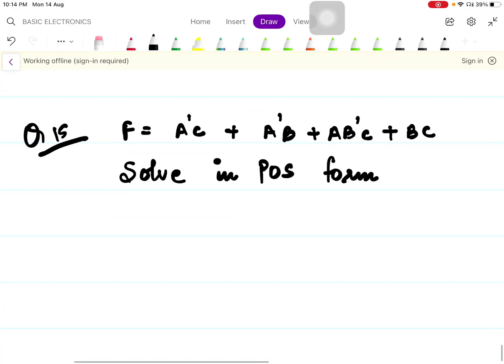Now you might be given an expression in sum of product and asked to solve it in product of sum form. By looking at this particular expression of sum of product, you can make a K-map and fill in the minterms. I hope that will be easy. Let's do it.